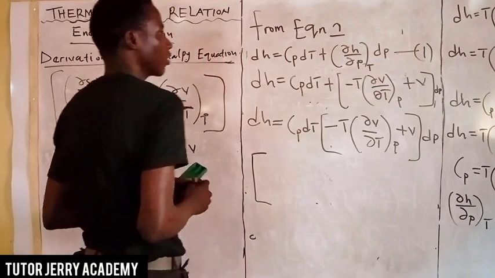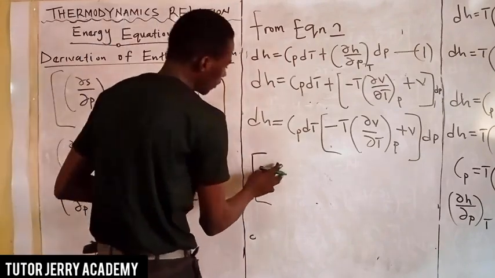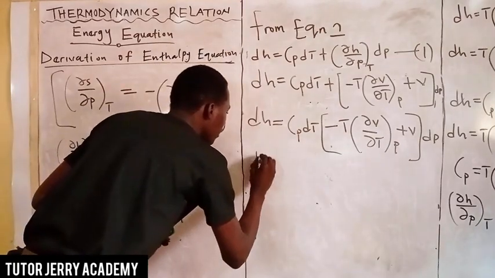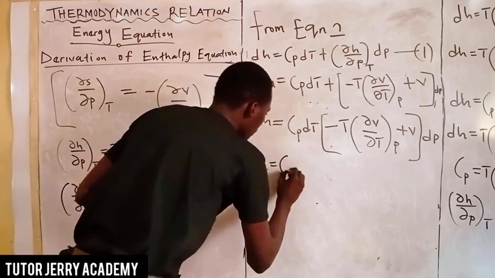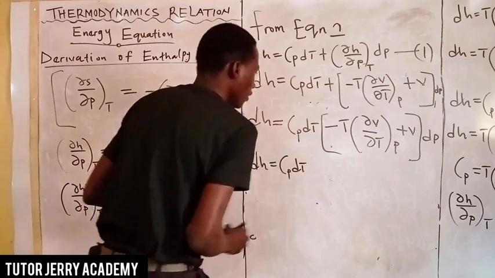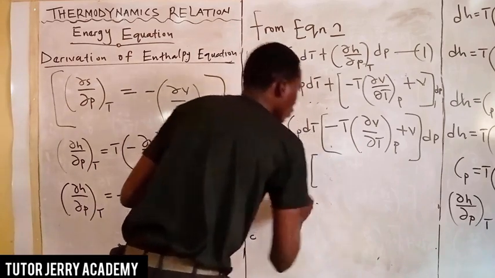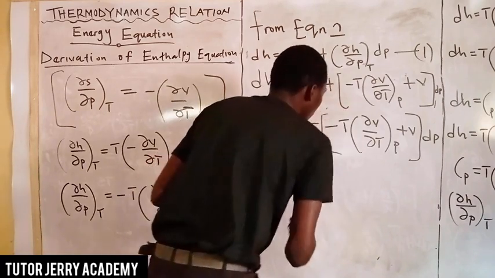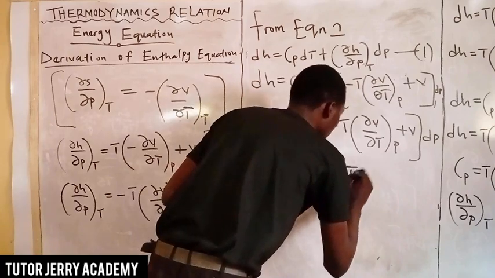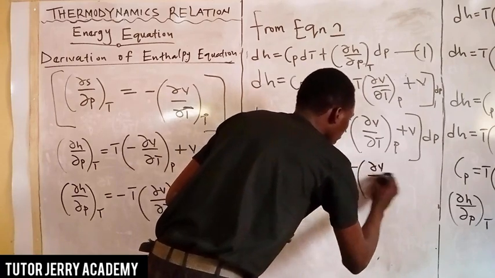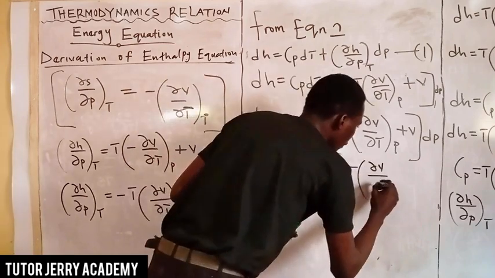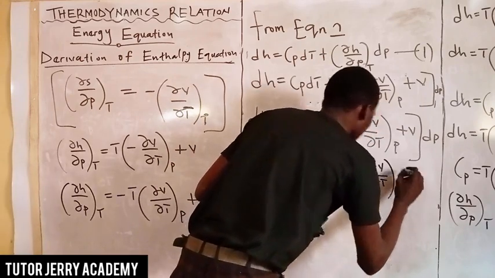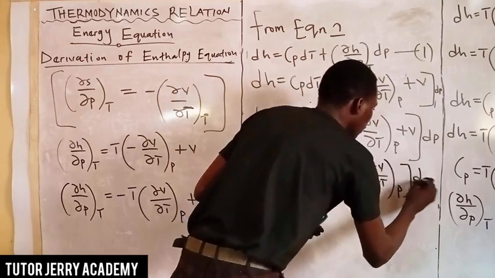The above equation is used to calculate enthalpy. We write this by saying dH is equal to Cp dT plus the bracket of V minus T into the partial derivative of V over the partial derivative of T, keeping P constant, dP.